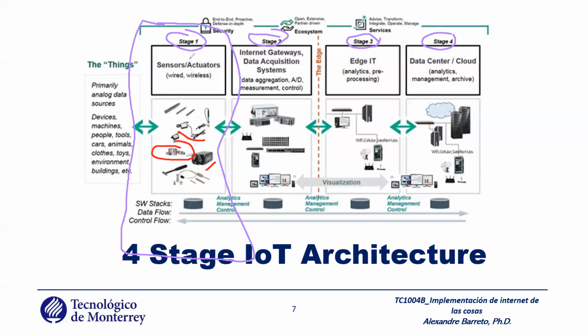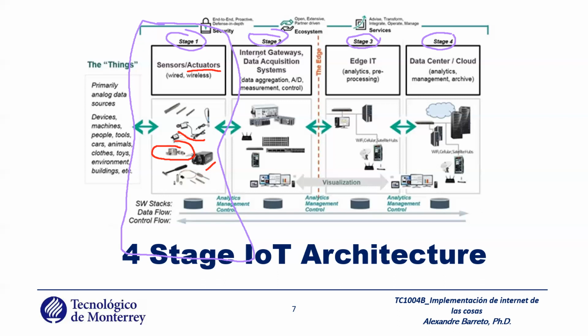All the devices in the sensors and actuators of stage 1 are related to collecting data. In this layer, you also have another type of equipment, actuators, that can receive commands from the cloud to, for example, turn off, turn on, to do things like that. It's the first stage, the sensors.